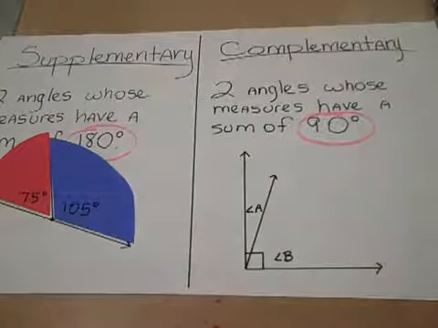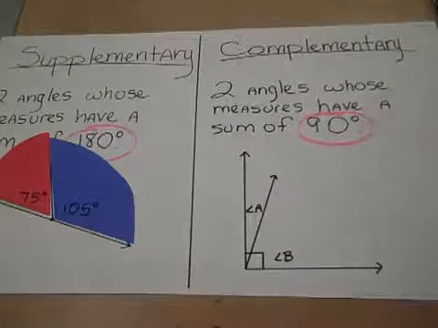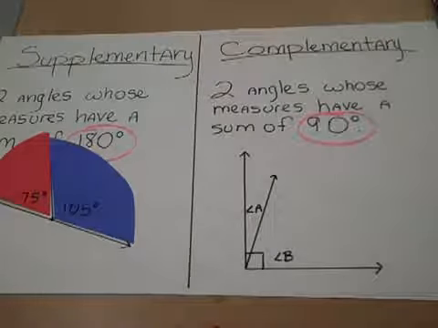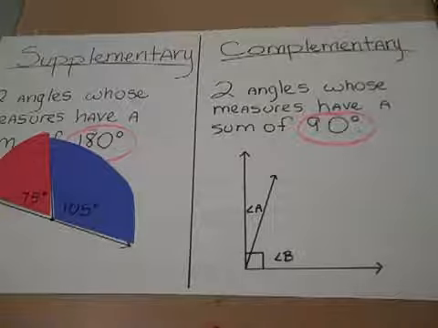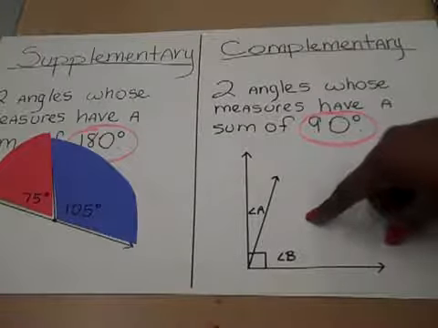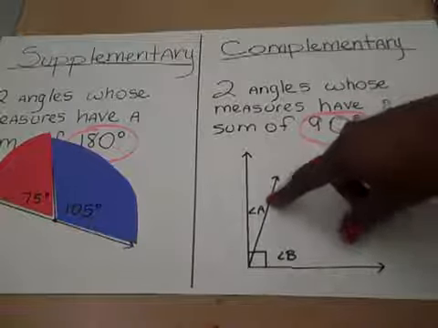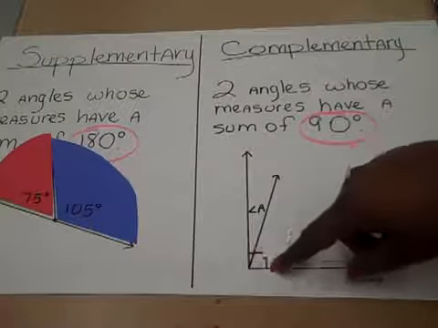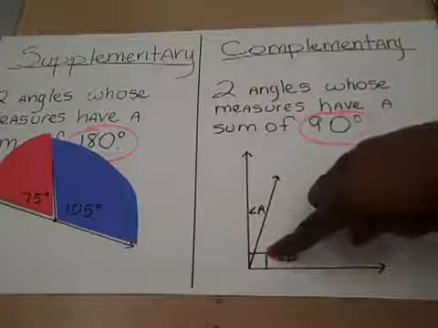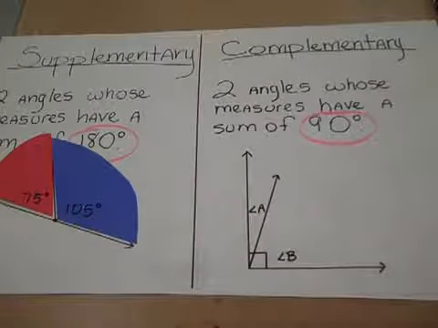And then the other, complementary, is when you have two angles whose measures equal 90 degrees. Again, here's a diagram of an example of two angles that are complementary to each other. Angle A and angle B make 90 degrees, and it's indicated by the little 90 degrees symbol.